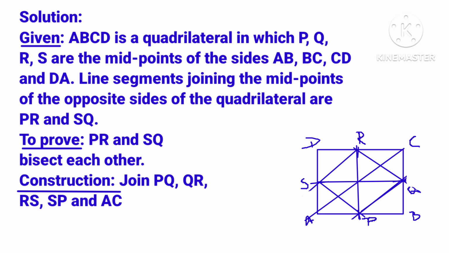And we know that in a parallelogram diagonals bisect each other. Then we will solve the question. So I join PQ, QR, RS, SP and AC.